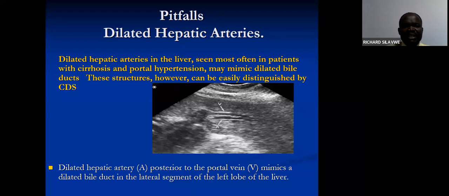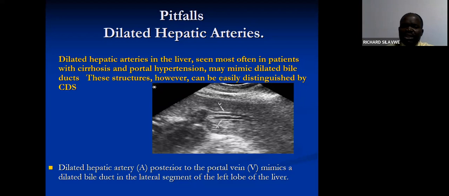Dilated hepatic arteries in the liver are seen most often in patients with cirrhosis and portal hypertension, and may mimic bile duct dilatation. These structures, however, can be easily distinguished by color Doppler. If you want to know whether these are dilated intrahepatic ducts or just vessels, you apply color Doppler, like I mentioned earlier.